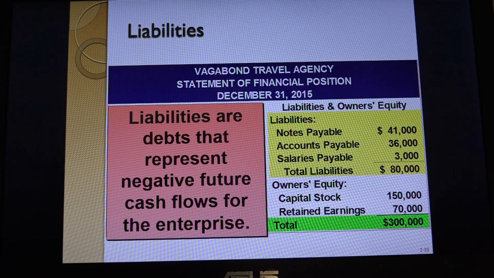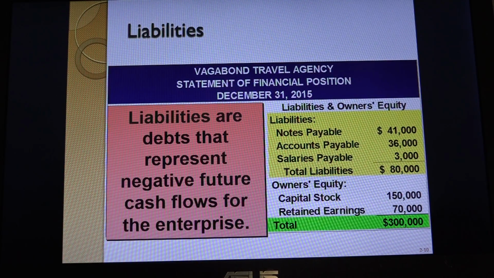Liabilities are debts that represent negative future cash flows. They're obligations. And the company has to pay those obligations some time in the future. And these liabilities are claims against company assets by third parties.